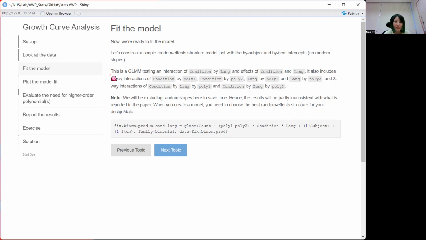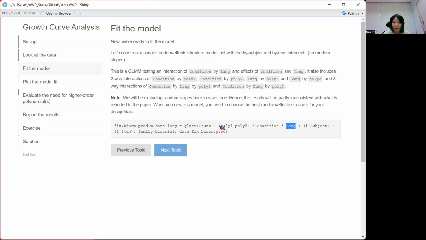This is the generalized mixed effects model testing an interaction of condition by language. So here we have the effects of condition and the effects of language group. It also includes the interaction of poly 1 by condition and poly 1 by language, and poly 2 by condition and poly 2 by language.